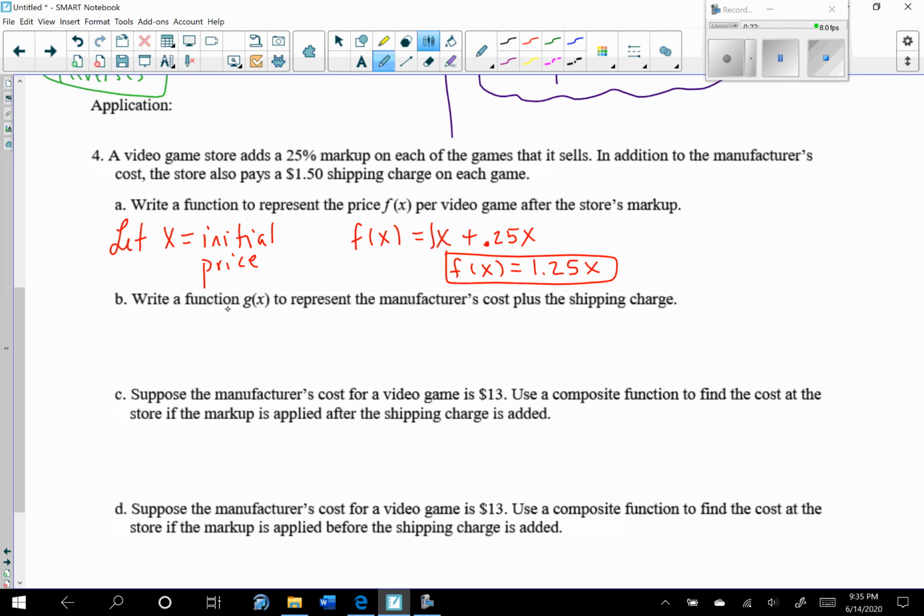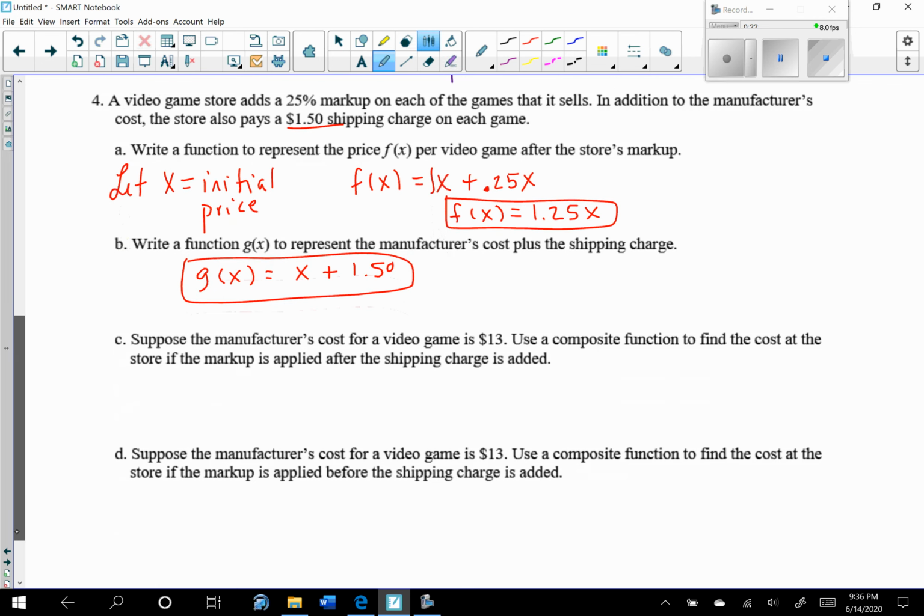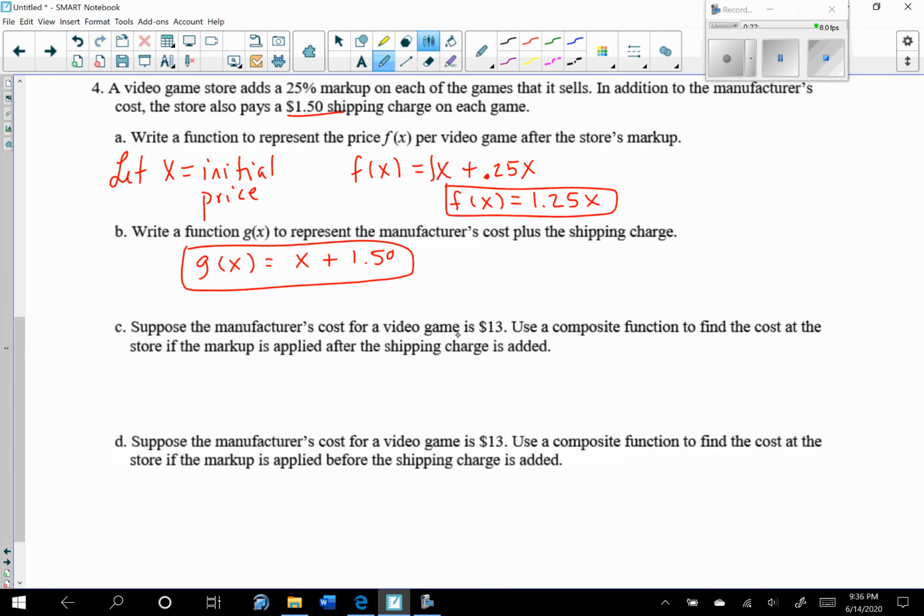The next one says write a function g of x to represent the manufacturer's cost plus the shipping charge. So the shipping charge was $1.50. So g of x is equal to x plus $1.50. And C says, suppose the manufacturer's cost for a video game is $13.